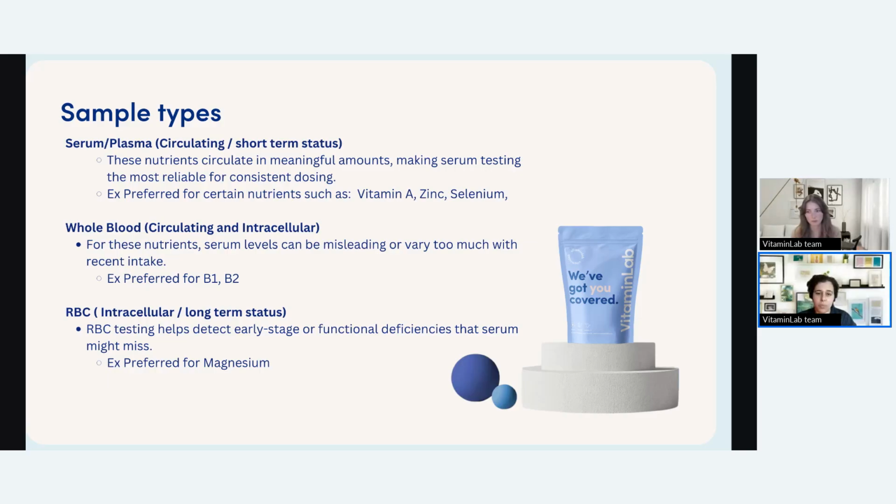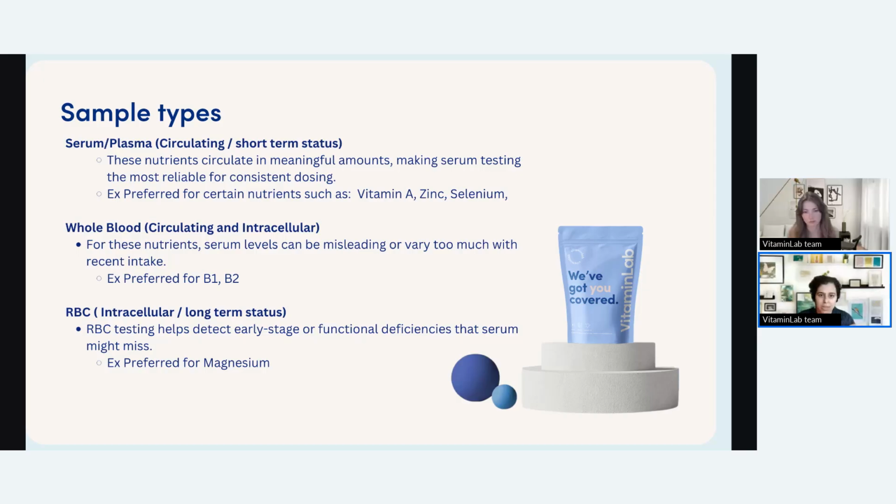So if you just took your B complex the morning you did the blood work, those will come up as a higher amount, whereas other nutrients like B1 and B2 tend to be much more stable, and the whole blood test will give a very good indication of the amount that person has, and then therefore what is needed to be compensated for.